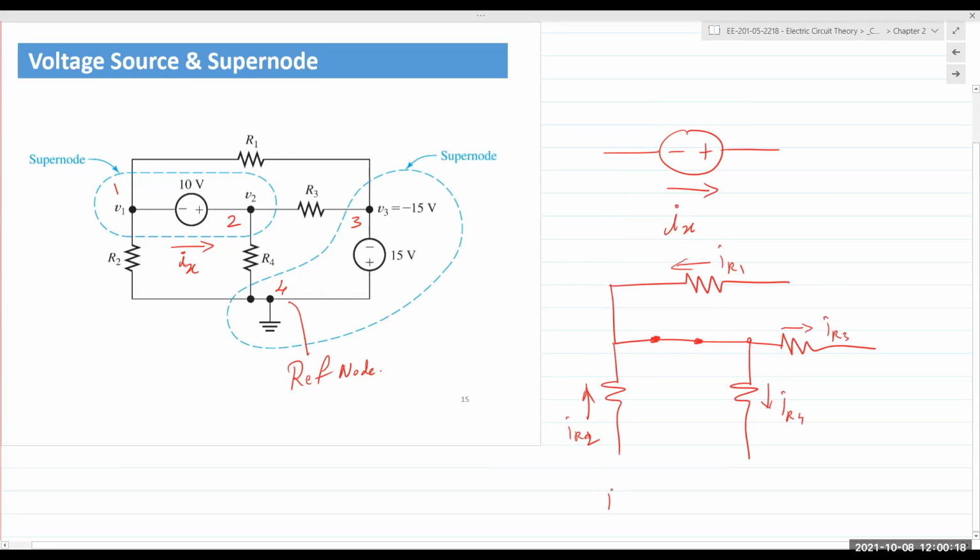I can directly write IR2 plus IR1 is equal to IR3 plus IR4. No mention of Ix anywhere. But you can try this out for yourselves. You apply KCL at node 1 and KCL at node 2. You get Ix is equal to IR2 plus IR1 and Ix is equal to IR3 plus IR4. Then you just equate both of them together and you have your supernode equation. That's all it means.